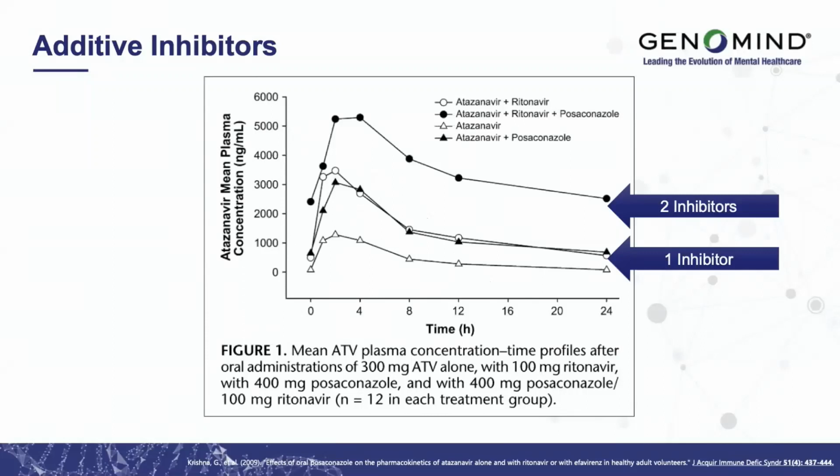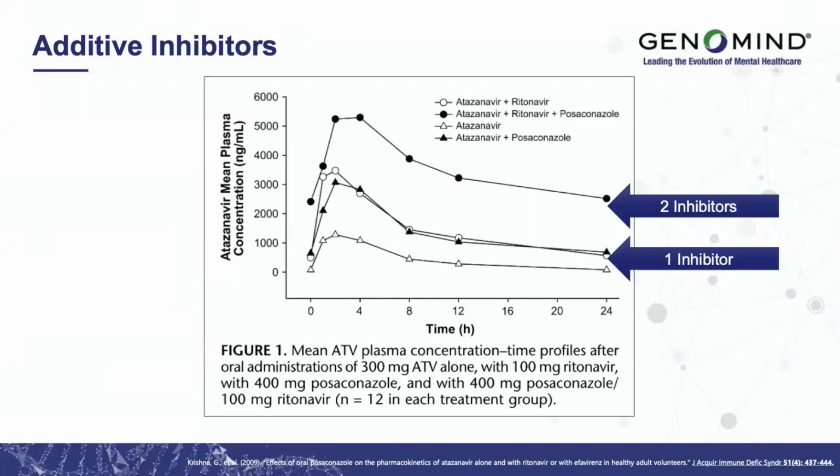If you give this medication by itself, you have the triangles, the AUC down here with all the triangles. If you add one inhibitor to the mix, you see an elevation in AUC. If you add 2 inhibitors to the mix, you see a dramatically increased elevation in AUC. So these inhibition properties are additive. If you add multiple inhibitors, you can see stepwise increases in AUC.